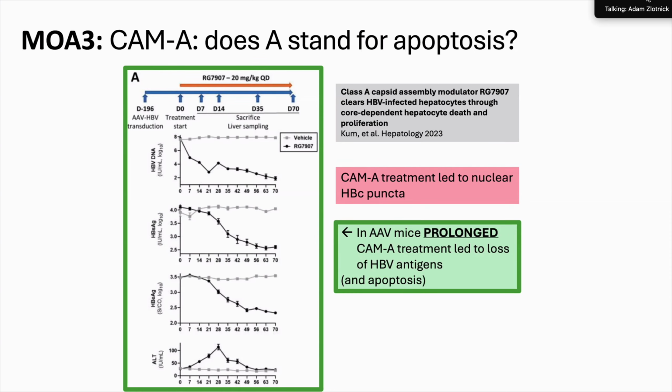And that loss of these biomarkers was concurrent with the appearance of an ALT flare and correlated with evidence of apoptosis through a TUNEL assay, TUNEL staining, and proliferation of uninfected cells.